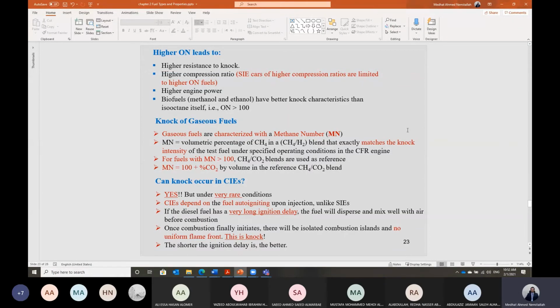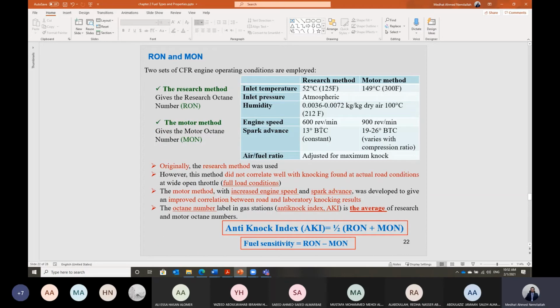And from time to time, usually after 100 kilometers of your car, you have to have what we call تصفية ماكينة, an engine cleanup. That means you have to clean the fuel injector and the spark plug from the soot, so that the soot does not act as a secondary source of ignition, because when they get hot, they will self-ignite the fuel.